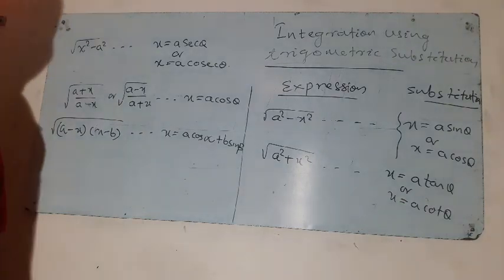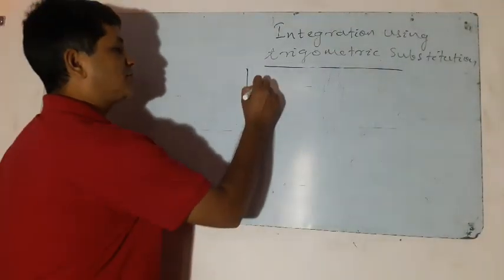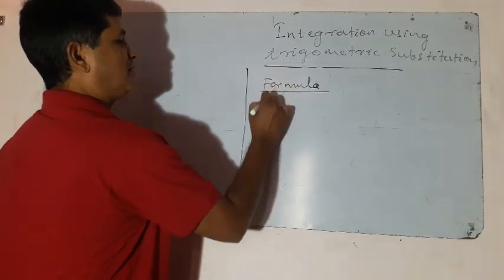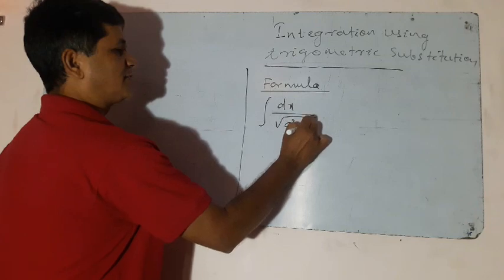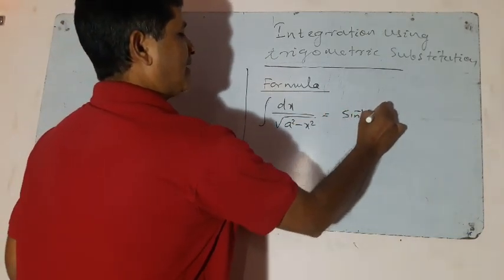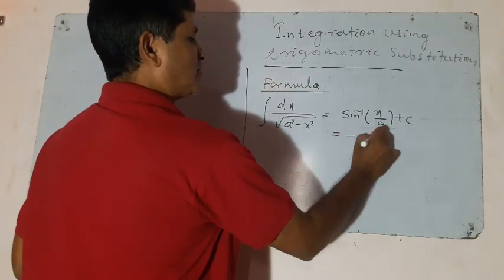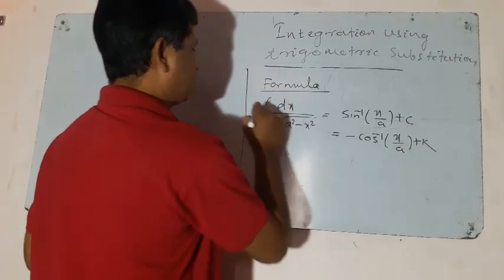Come to some formula of integration. Integration of dx by root over of a square minus x square is sin inverse x by a plus c, or it is minus cos inverse x by a plus k.